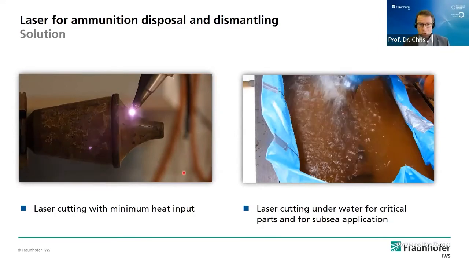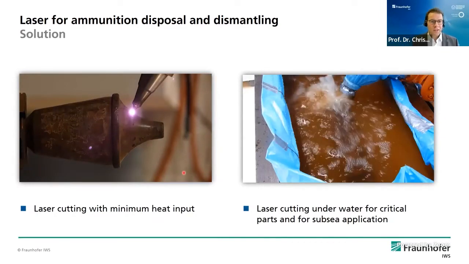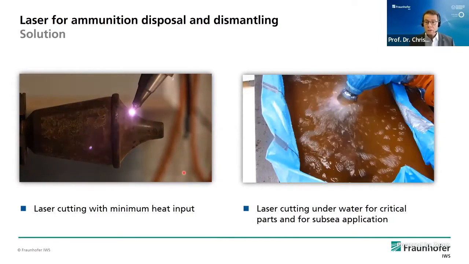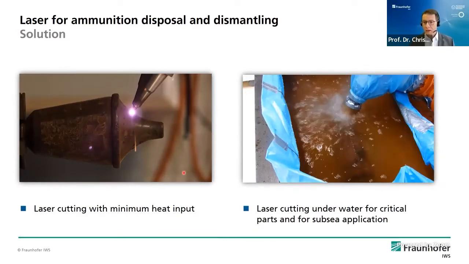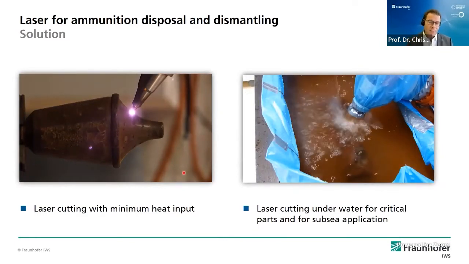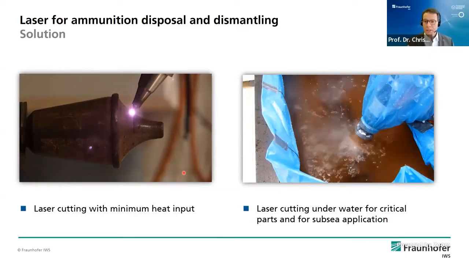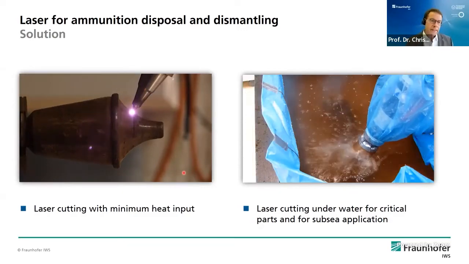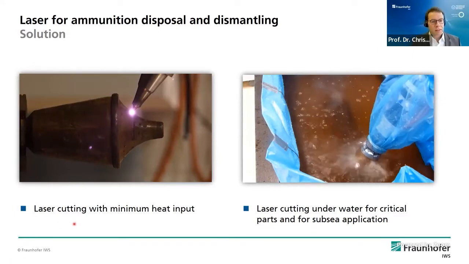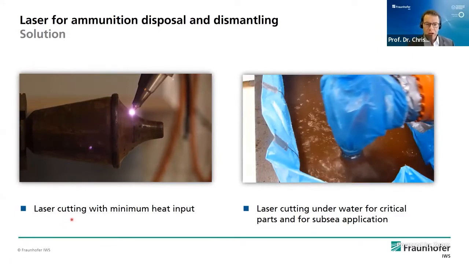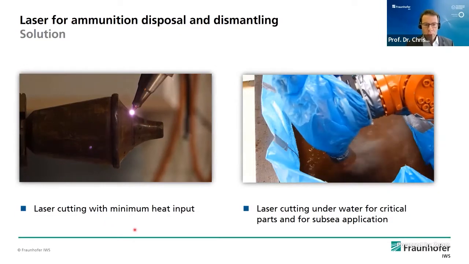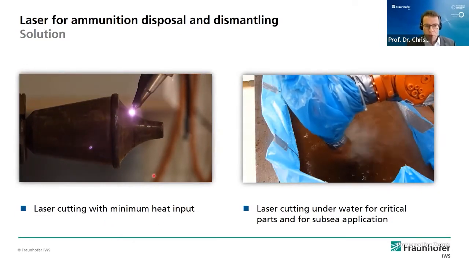So our solution to this challenge and to this problem is to use the laser as a cutting tool rather than a mechanical saw. And this on a first glimpse seems to be quite crazy to do. But as a matter of fact, the laser cutting provides you with a minimum heat input into the process.